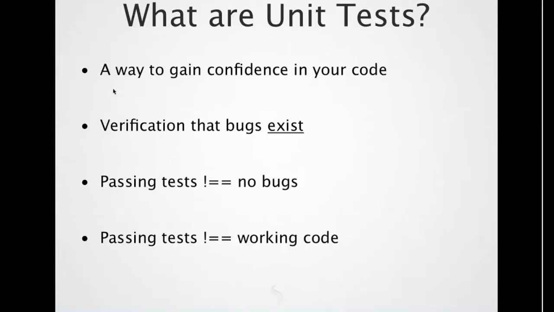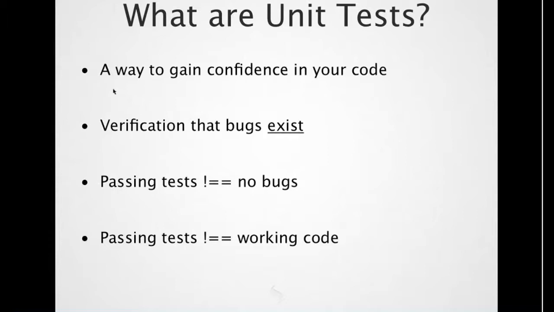So starting from the beginning, let's ask ourselves a question. What are unit tests? Unit tests are a tool for maintaining code quality. So they are a way to gain confidence in your code. Unit tests are a verification that bugs exist. And this is a point that I want to emphasize, that unit tests don't tell you that your code is free from bugs.